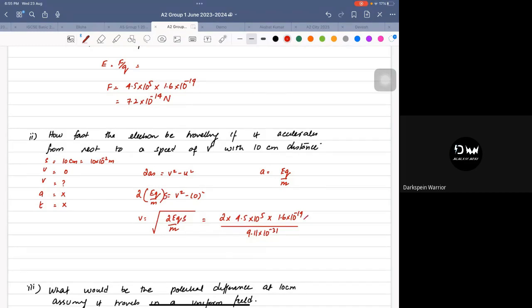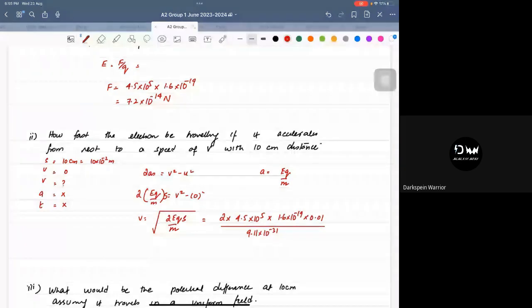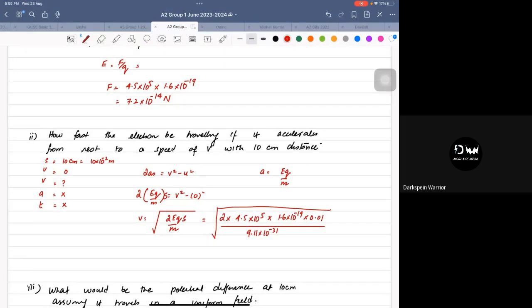Eqs. s is 0.1. Sorry. And then take the root. So then it should come out as 1.26 times 10 raised to power 8 meters per second. Any questions? Please let me know here.